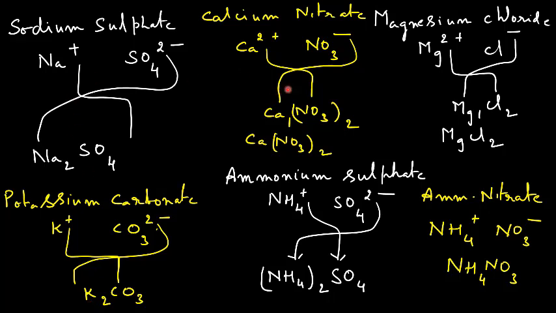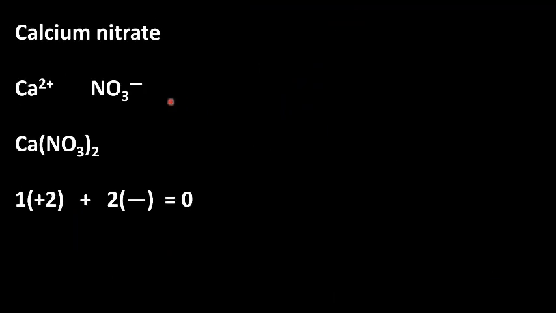In all these formulae, while writing, we exchange the magnitudes of charges. Why should we exchange the magnitudes of charges? Let us take an example, calcium nitrate. In calcium nitrate, the charge on the calcium radical is 2 units of positive charge and the charge on the nitrate radical is 1 unit of negative charge. So here the charges are not the same.